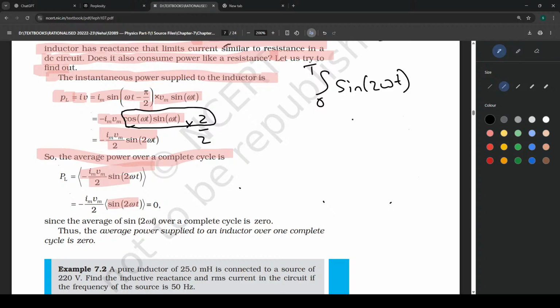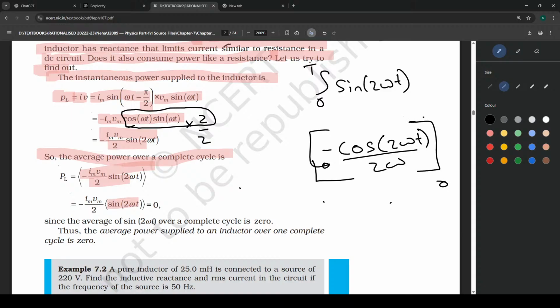Now when we integrate it, we will get minus cos 2 omega t by 2 omega, from 0 to t.